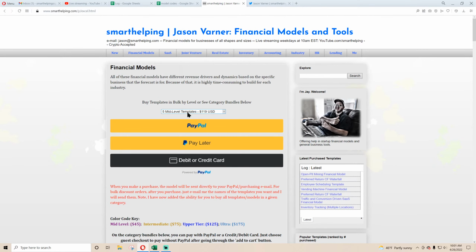One, less than 0. Okay, what is this? This calc here is not right. So remaining equity should just be the total contributed, this, plus anything else in year 0.